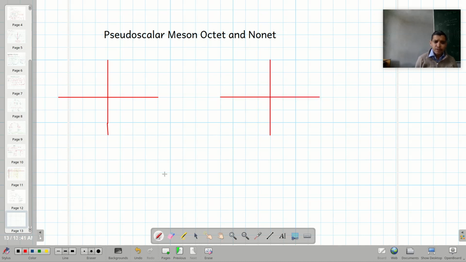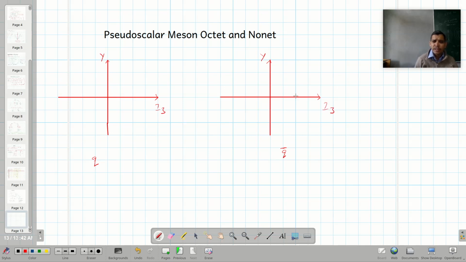This is for quark and this is for anti-quark, right? Say this is the hypercharge axis, this y axis is hypercharge, and this is the I3 axis, right?